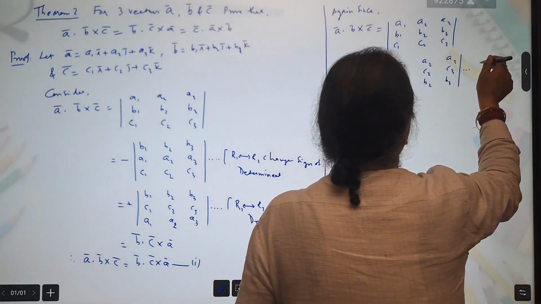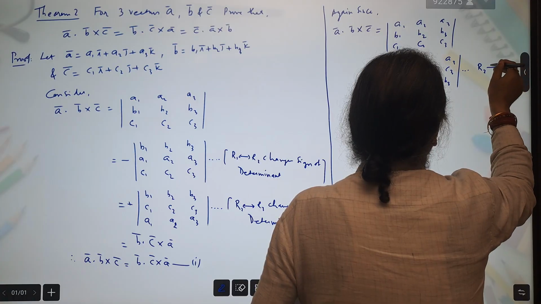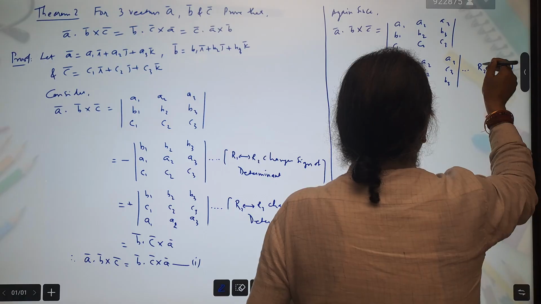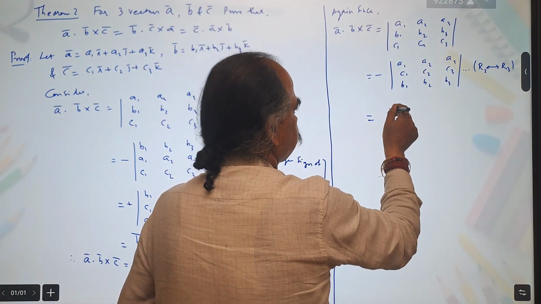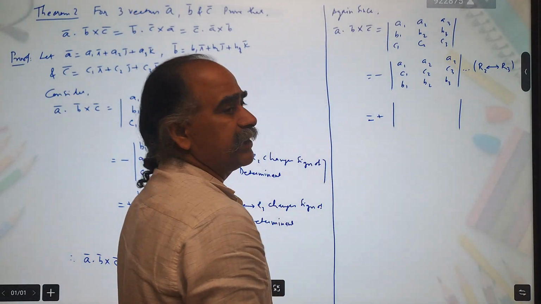Reason: R2 interchange R3. Again this minus will become plus. Now we'll interchange R1 and R2.